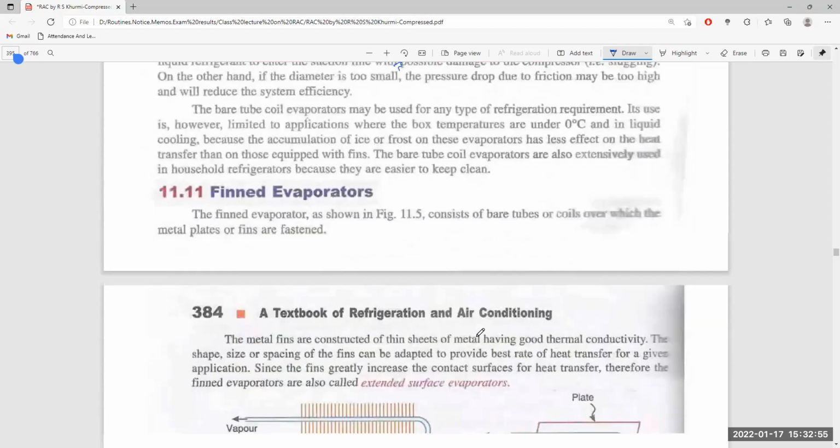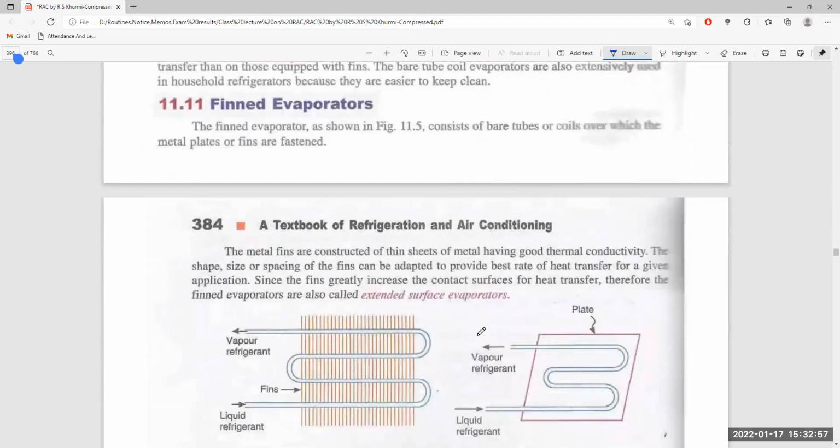Next comes the fin evaporator, as shown below. It consists of a bare tube or coil over which metal plates or fins are fastened. Here this is the evaporator coil, upon which the fins are fixed. The metal fins consist of thin sheets of metal having good thermal conductivity.